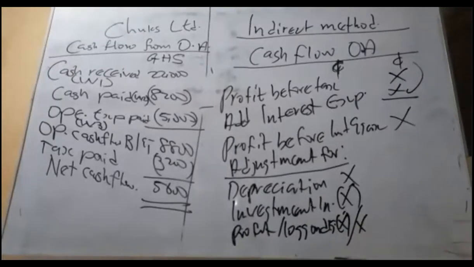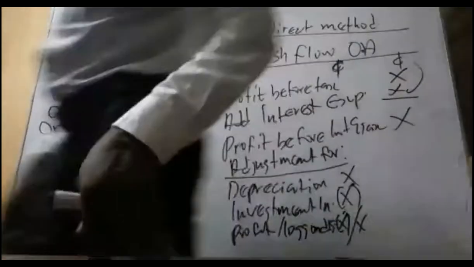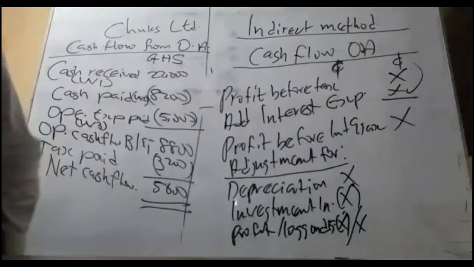Add back, because loss has been subtracted from where? The profit. And all of this, the examiner is aware that we did that under what? IAS 16. That's the good news about it. That's it. Okay.